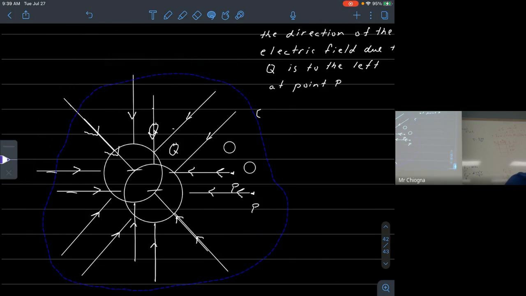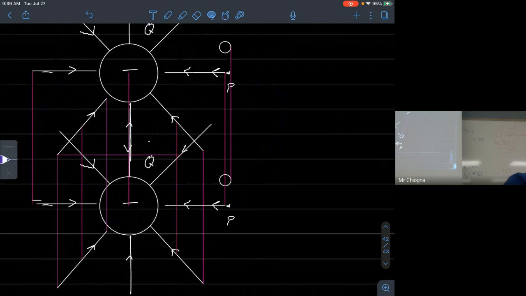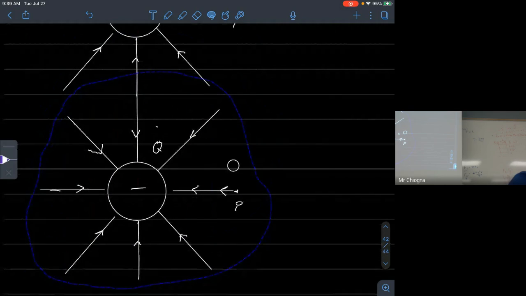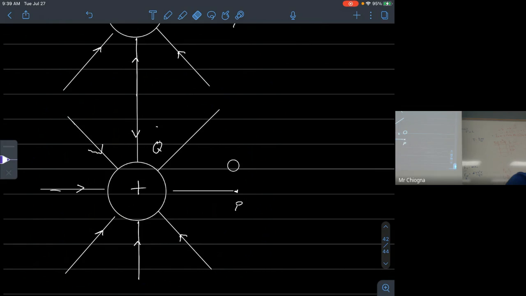Let's look at the case of a positive charge. Change this to positive. I'm going to have to erase the arrows. Which direction would a positive test charge experience?